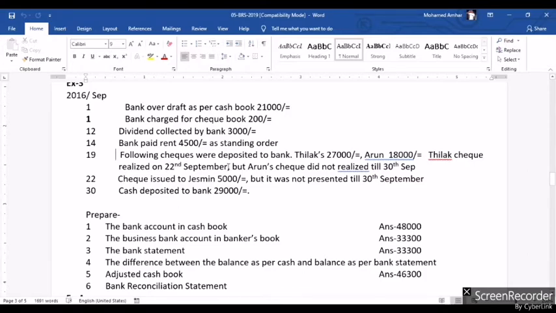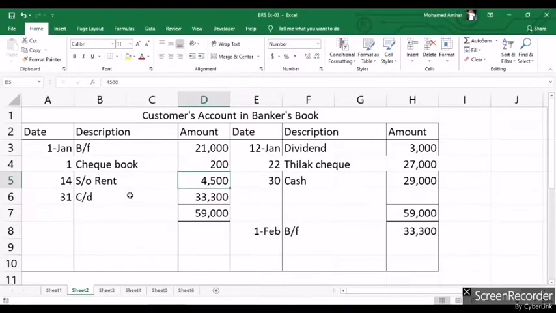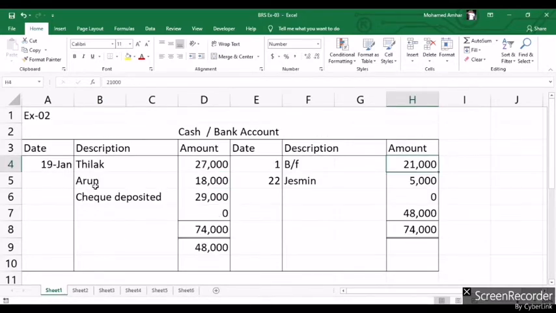So the deposited checks would have been recorded in the cash book: Arun's check 18,000 and Tilak's check 27,000.